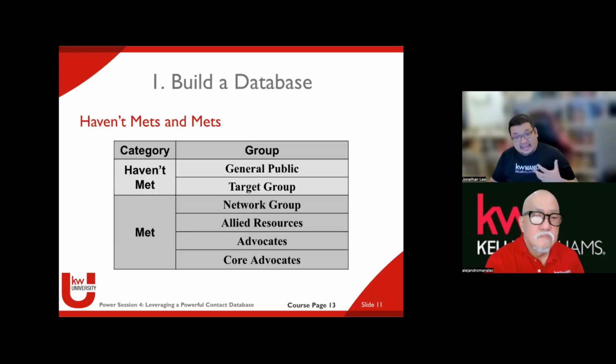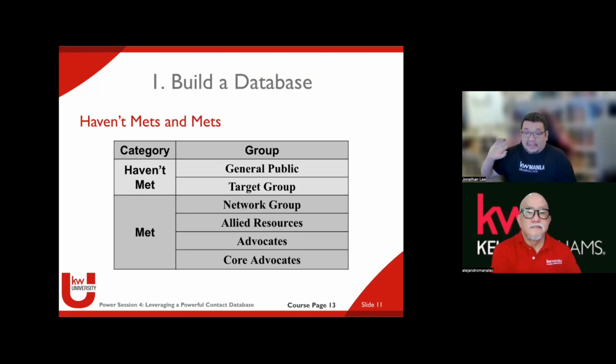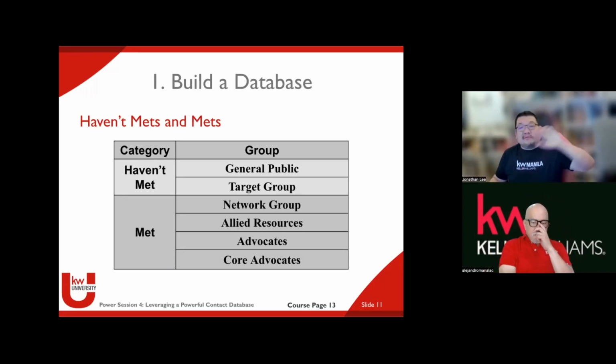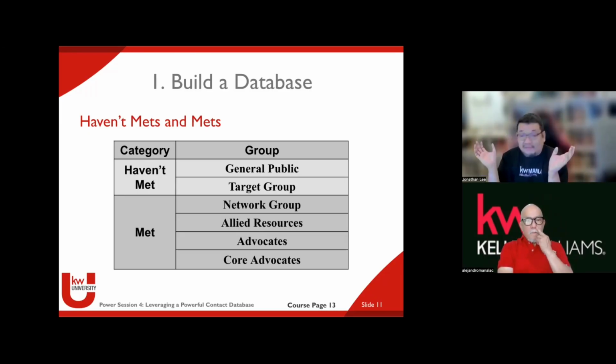So there are categories in a database. We talked a little bit about the lead generation model, right? The haven't-met group and the met group. Some of the categories in your database need to be people that you have met and people that you have not met, because the way you talk to them is very, very different. The people you have not met are the general public, your target group, people you think will potentially be interested in the location you're working on, but you don't know them yet and are trying to build a relationship with them.